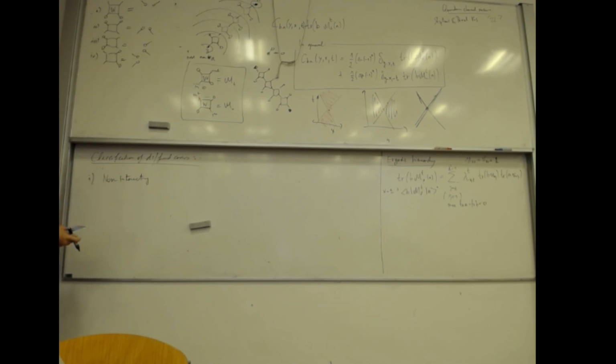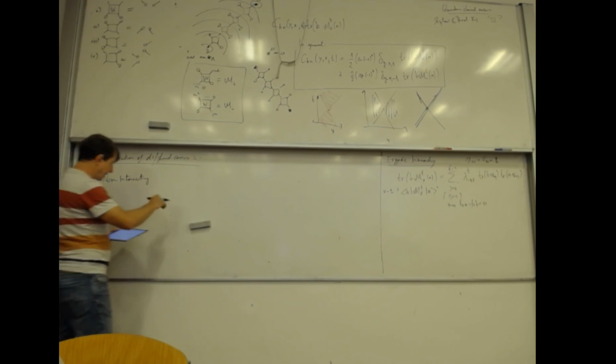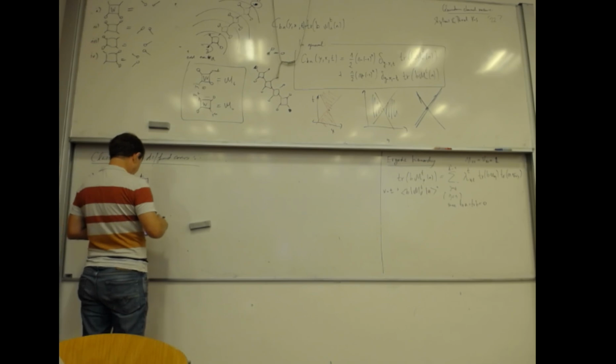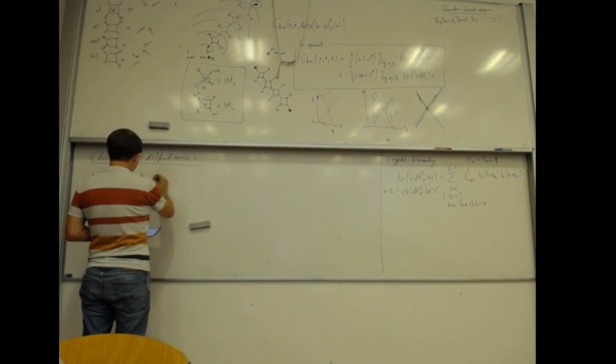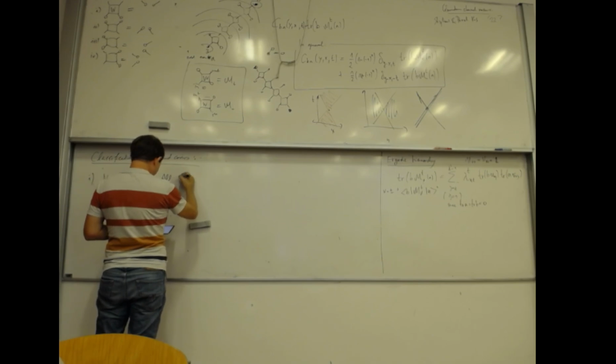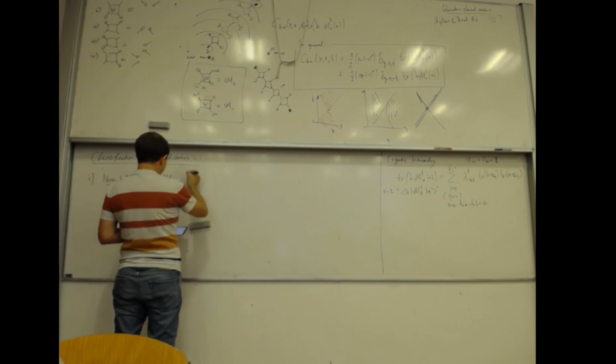So now what can happen is that all these remaining eigenvalues are equal to 1. So this will be called non-interacting. And we will discuss an example in each of the classes.